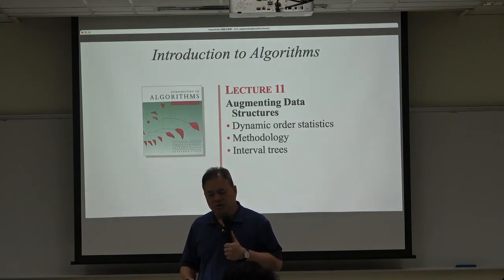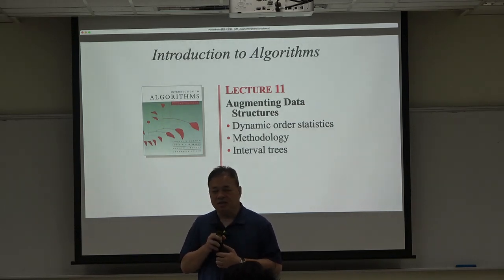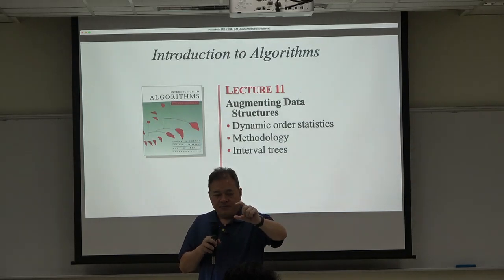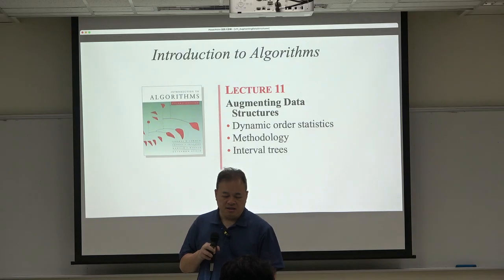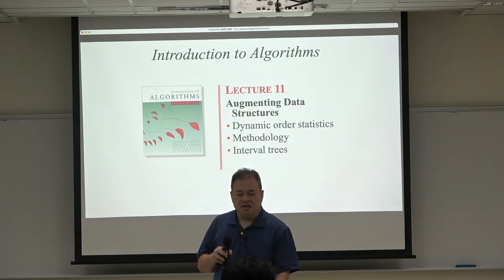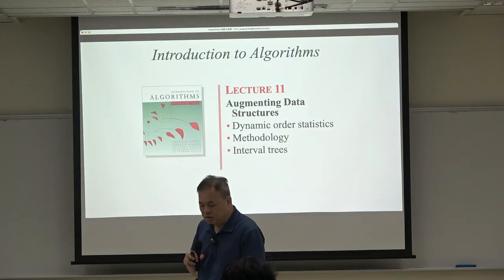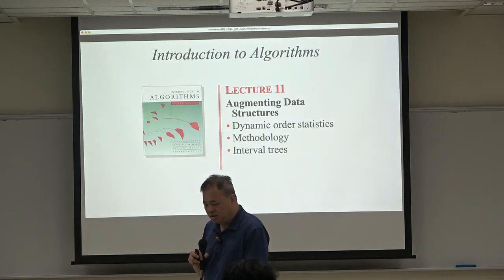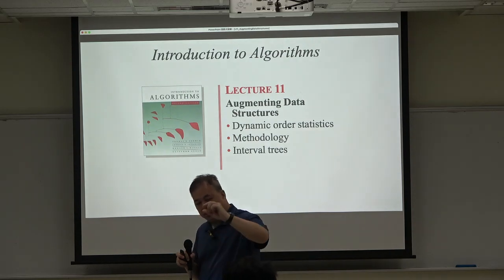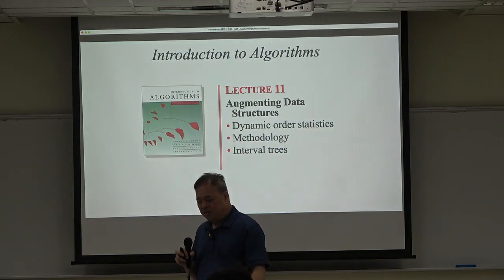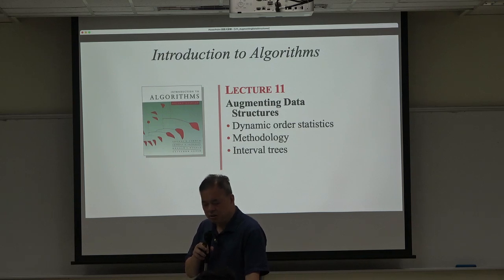Because our textbook is this thick, we can usually only cover maybe about a third of it in this class. So my habit is to change a few chapters every time I teach the course.